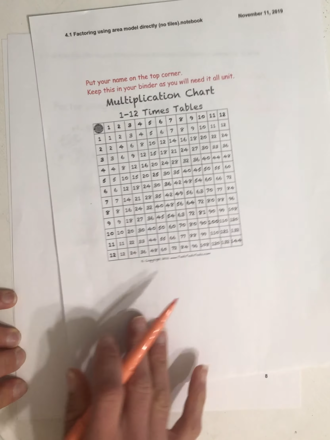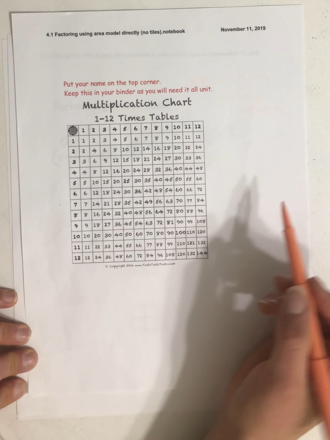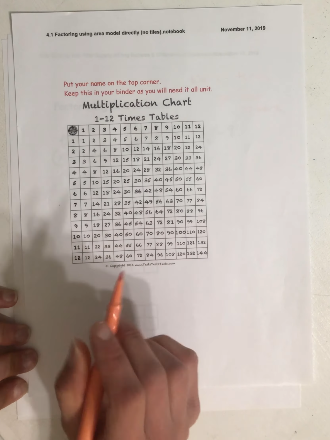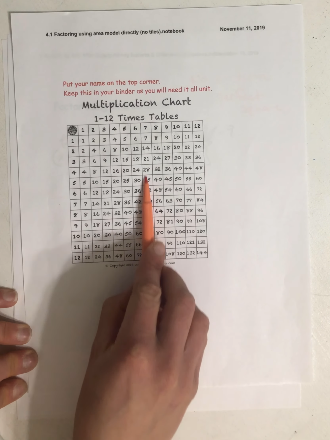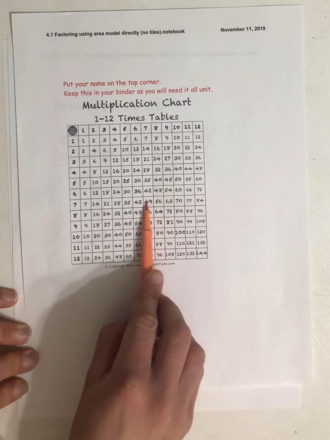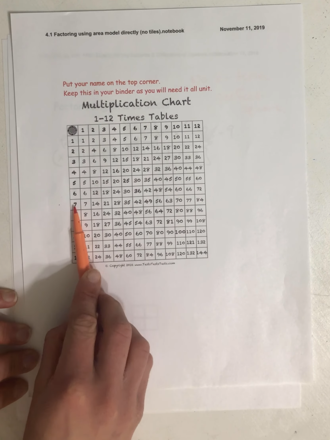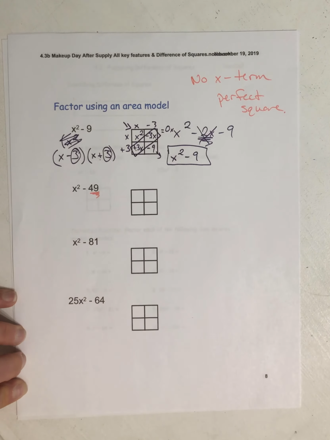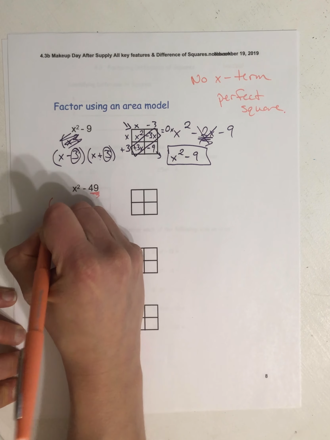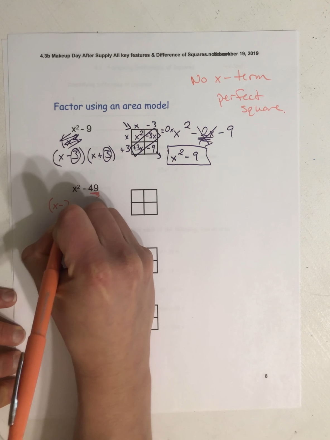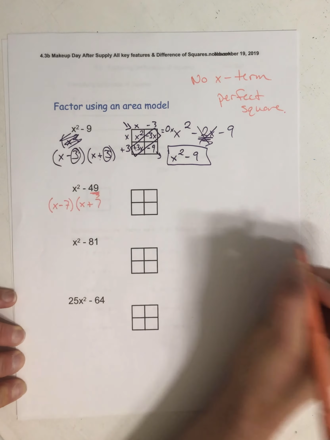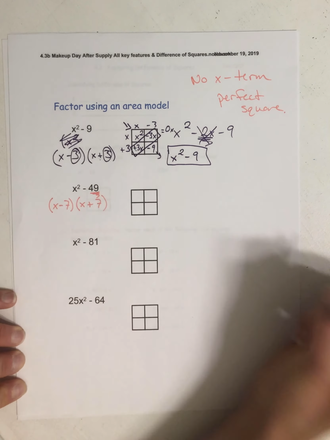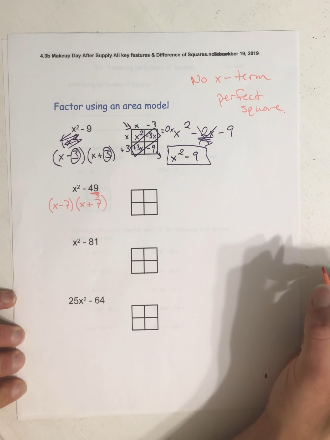So we can take our multiplication chart out. And if we take a look at where there is a 49 on here, we have to make sure the numbers are going to be the exact same. So I have 49 here. So if I go up, it's 7. If I go across, it's 7. So this is going to be x minus 7, x plus 7. So those are our factors.